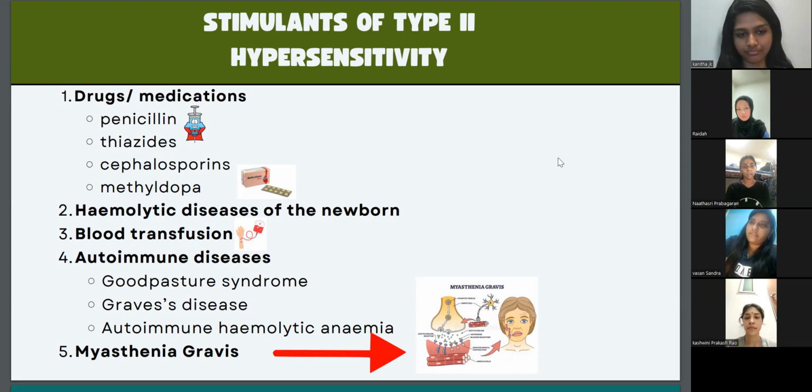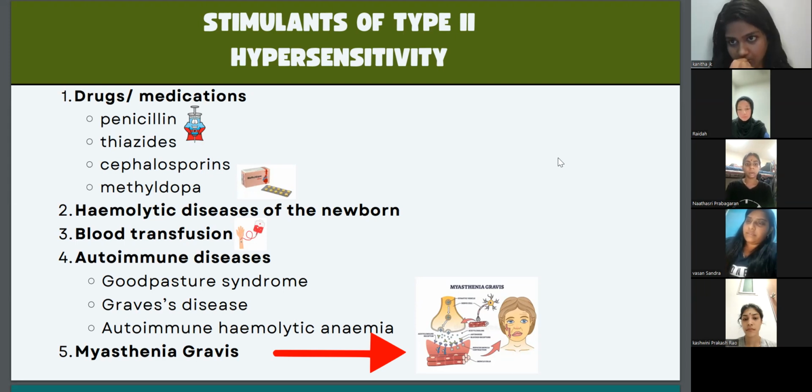Other than that, type 2 hypersensitivity can be caused by hemolytic disease of the newborn. This is due to Rh incompatibility between the fetus and mother. An Rh negative mother and an Rh positive fetus can cause type 2 hypersensitivity.